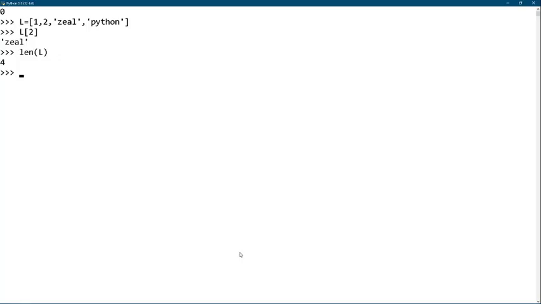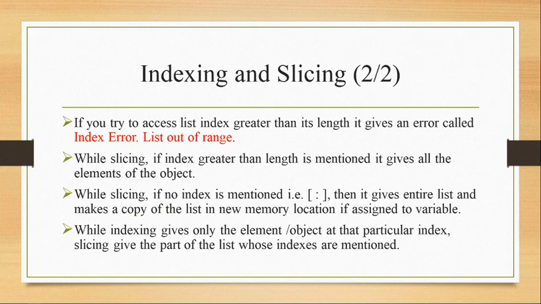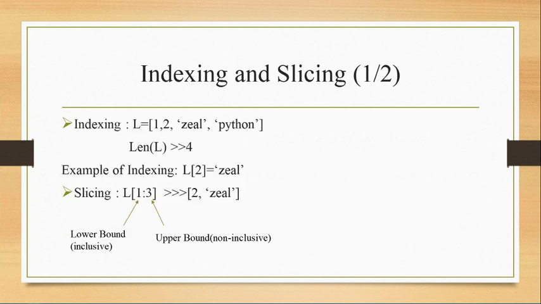For example, while slicing, if I mention the indexes 1 and 3, it will include the element present at index 1, but it will exclude the element present at index 3. In slicing, you can also include a third index, which will be considered as the stride.